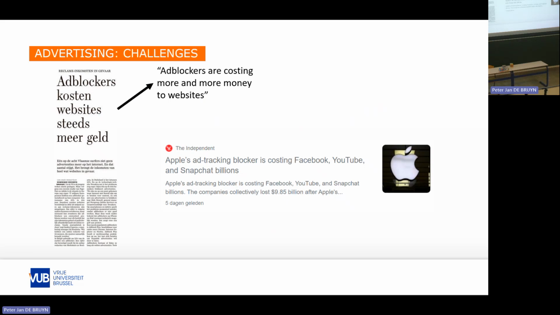Or 1-2 years ago, Apple, which is one of the vendors that sometimes claims that they take privacy issues more into account than their competitors, said, we will block ad tracking to make sure that your personal data is not tracked by means of cookies and whatever when you use our devices, which caused a lot of anger from their competitors, saying, you cannot do that.